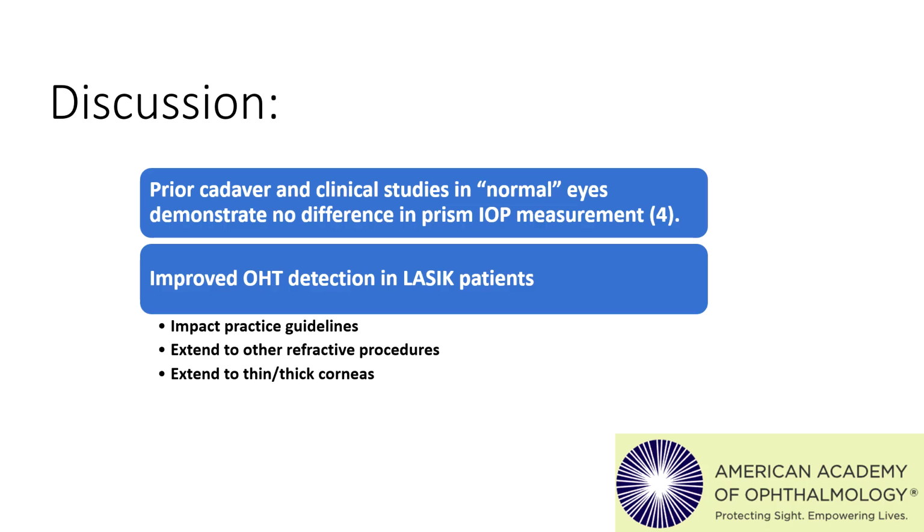Due to similar corneal and biomechanical alterations, these findings may extend to other refractive surgeries or thin cornea populations, warranting further study. Modified prism adoption could refine postoperative LASIK IOP monitoring, impacting practice guidelines and patient outcomes.